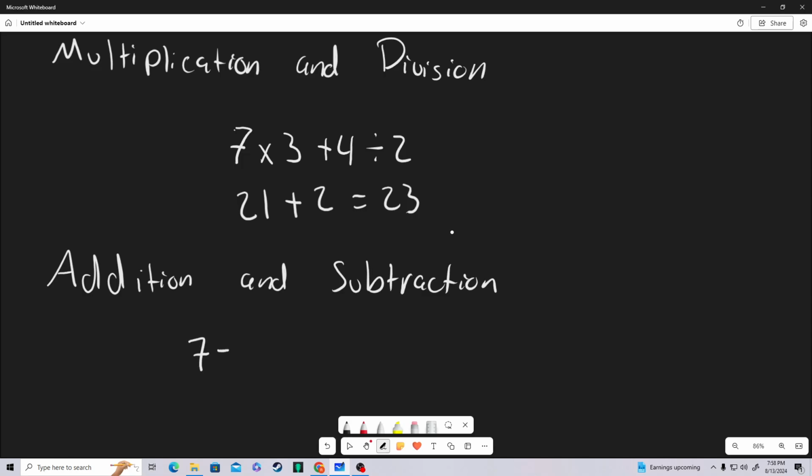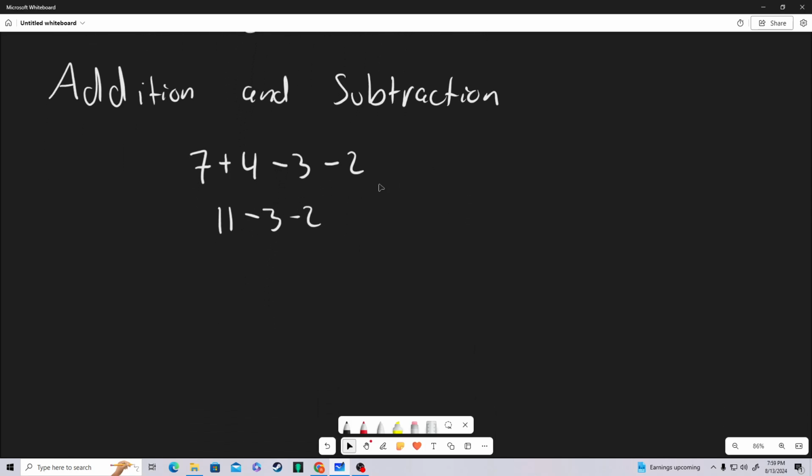So if you have 7 plus 4 minus 3 minus 2, we're just going to evaluate this left to right, just like how we read. So that's going to be 7 plus 4 is 11, minus 3 minus 2. 11 minus 3 is 8. Minus 2. And 8 minus 2 is 6.